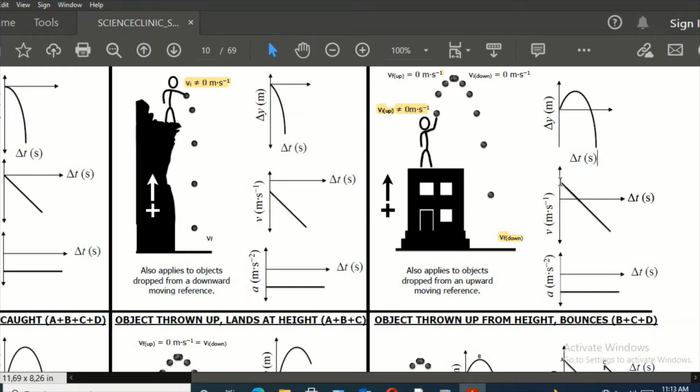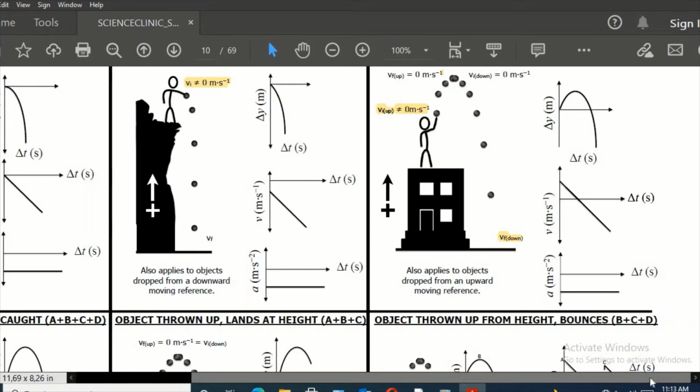We know that it's not 0, and it is moving up, so it's positive. That's why it starts on the positive side. And then when it reaches maximum height here, the velocity is 0, and then it will reach here, maybe the same point that it was released at, and then reach the same velocity, and then finally here, this would be its final velocity when it reaches the floor.